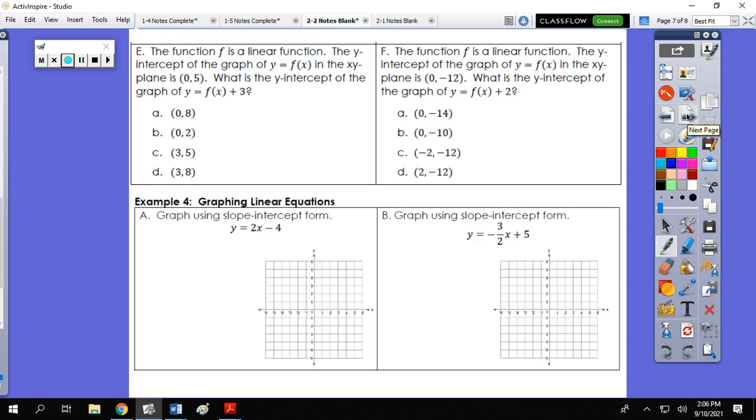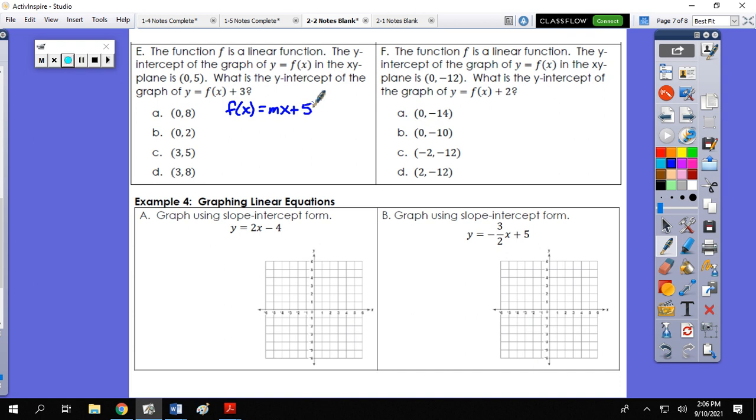Letter E. The function f is a linear function. The y-intercept of the graph y equals f of x in the xy plane is 0, 5. What is the y-intercept of the graph y equals f of x plus 3? Okay, so f of x is a linear function, meaning it is in the form mx plus b.